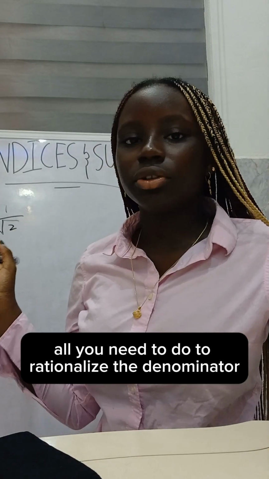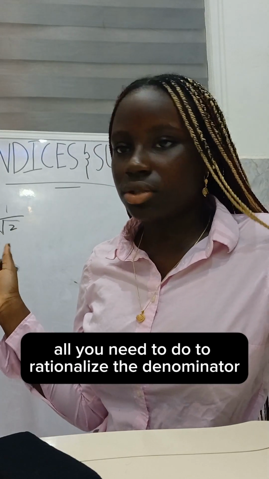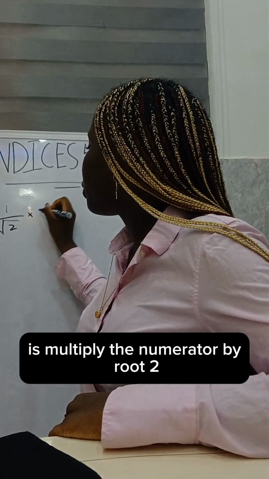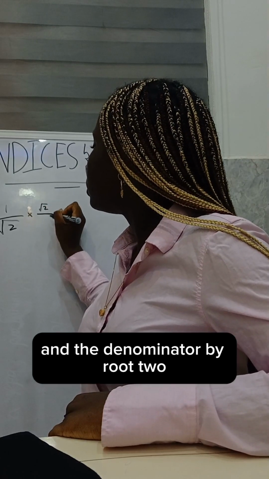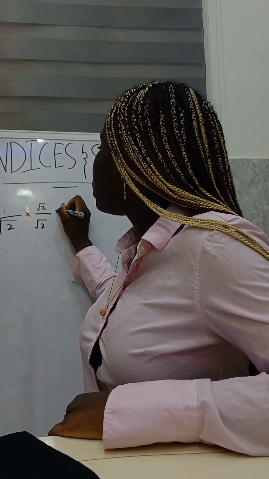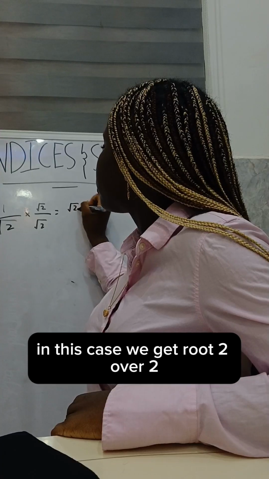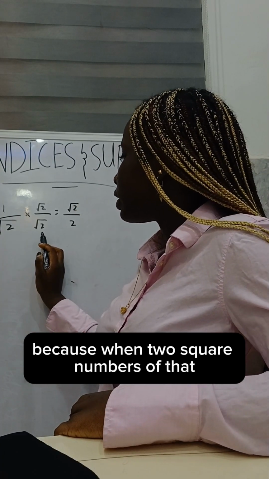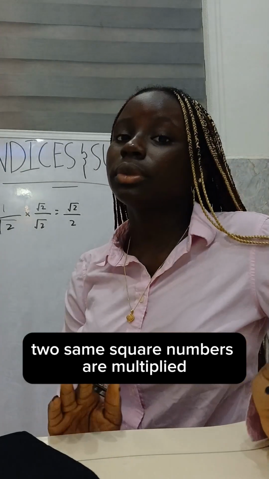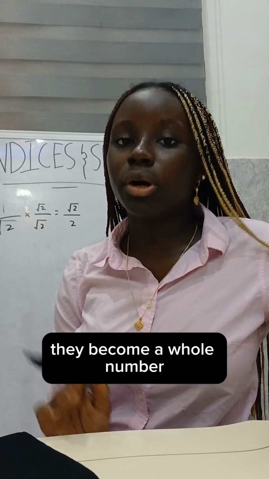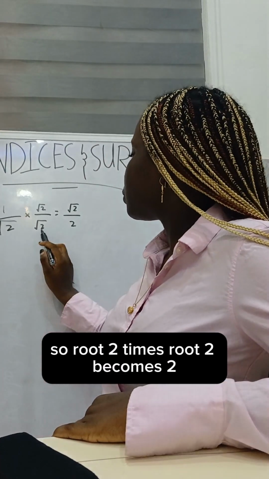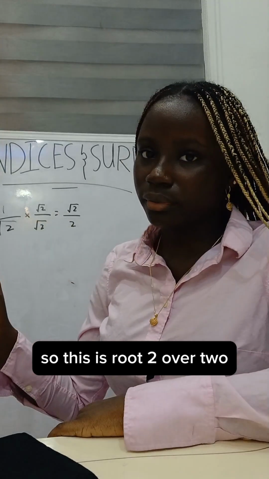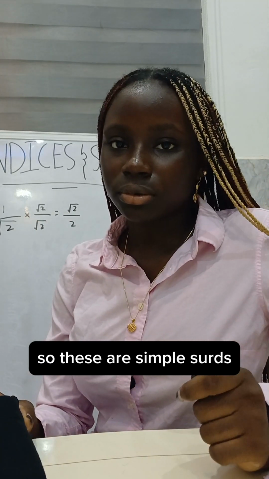In this case, all you need to do to rationalize the denominator is multiply the numerator by root 2 and the denominator by root 2. In this case, we get root 2 over 2. Because when two same square roots are multiplied, they become a whole number. So root 2 times root 2 becomes 2. So this is root 2 over 2.